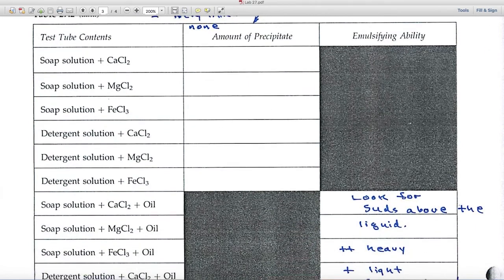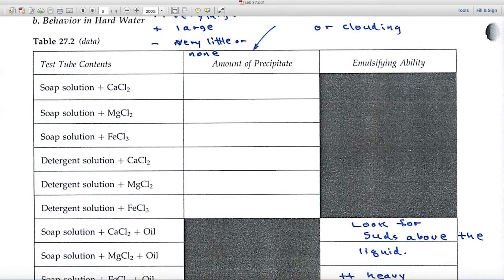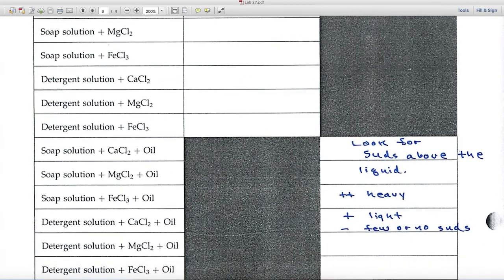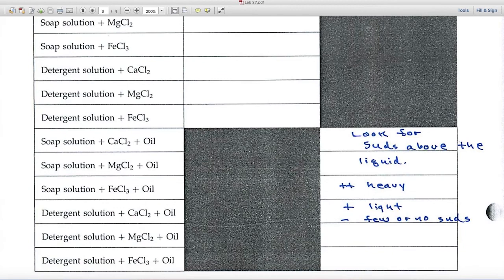In the second part of this experiment, first part deals with the amount of precipitate. The second part looks at the emulsification properties. So here again, you look for suds above the liquid. Plus plus means heavy suds, good emulsifier, in other words, plus for light, and minus for few or no suds.